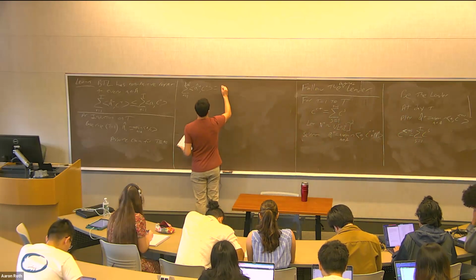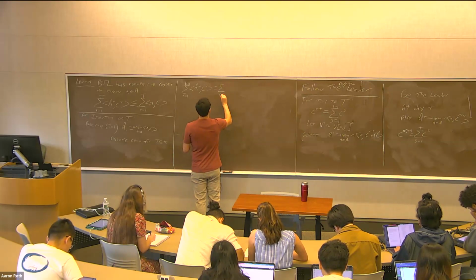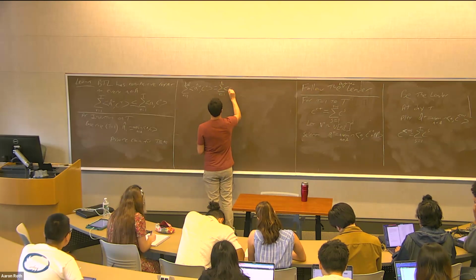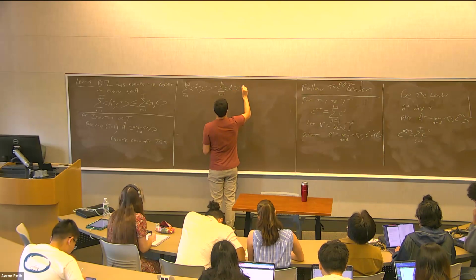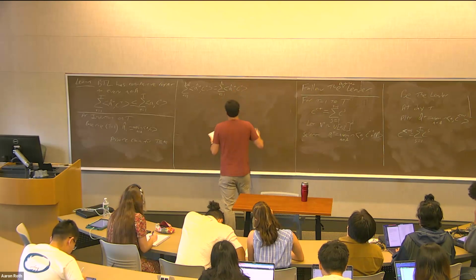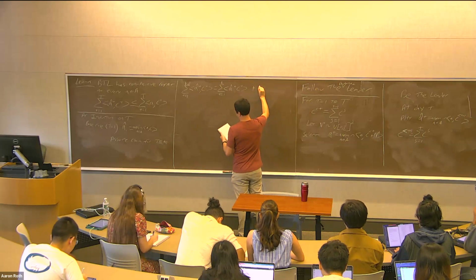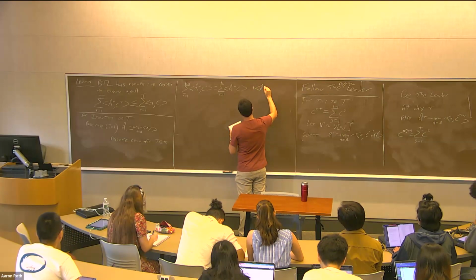I can write this as first the sum from days 1 through k of the expected cost of the algorithm, plus this one extra term that didn't get included in this sum, the cost of the algorithm at day k plus 1.